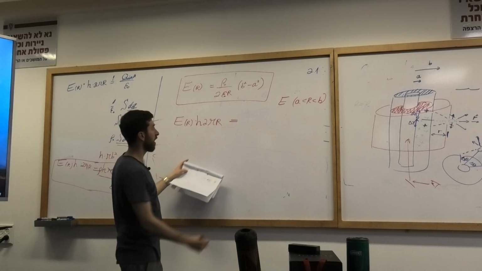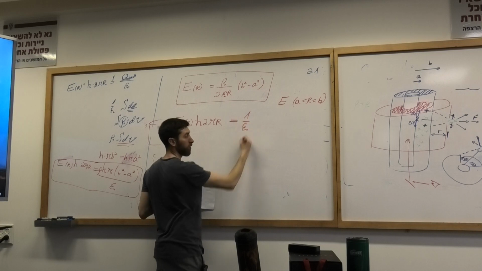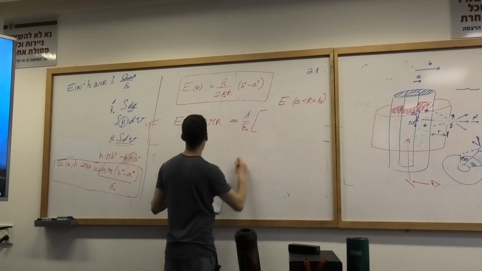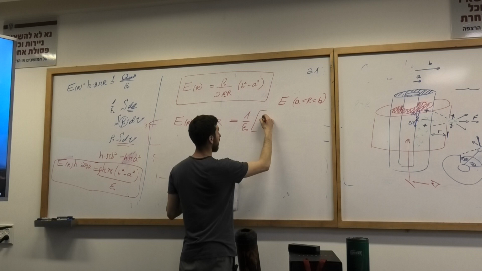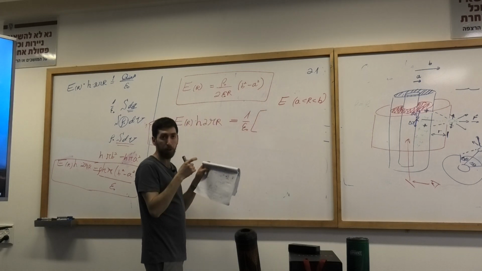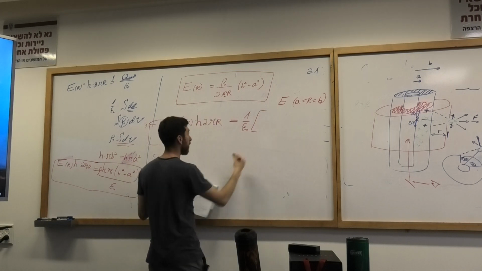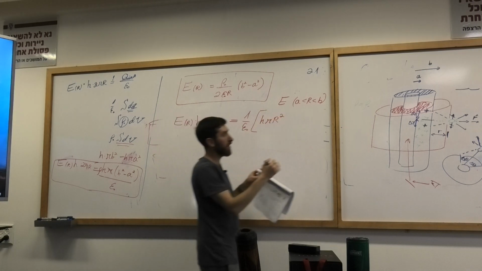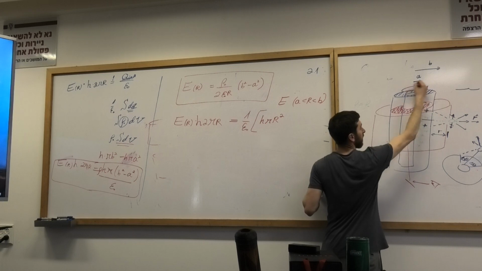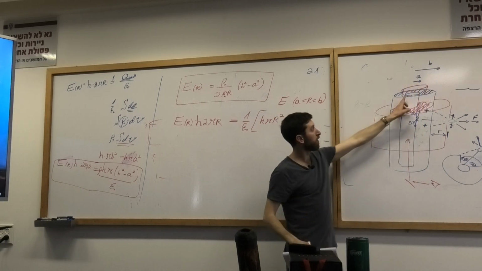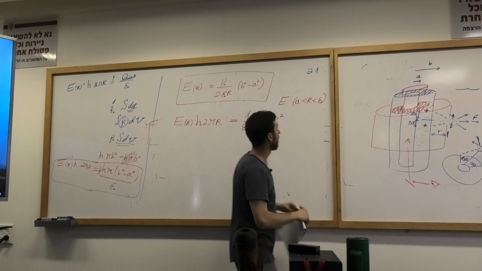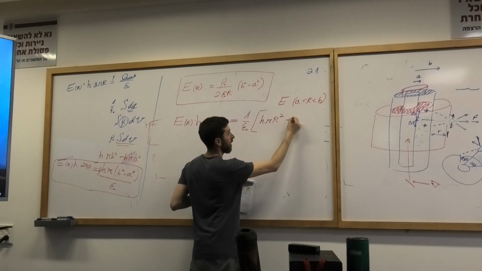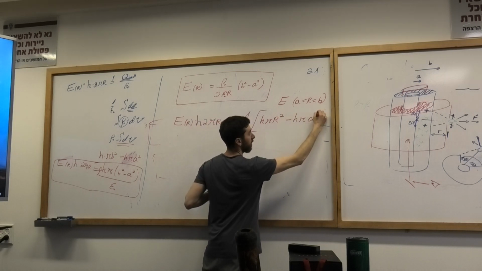What is the charge right now? It's a similar concept, but right now we have a smaller outer shell. We don't have b, we have H pi R squared, because we are inside of it. This is our cylinder, it's in the middle, minus H pi a squared, the small one.